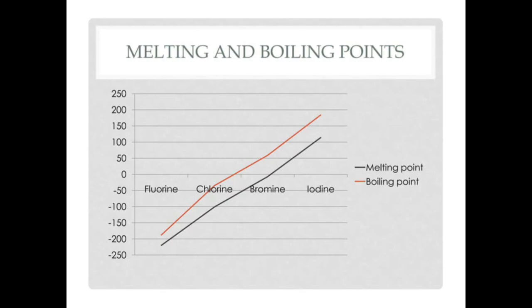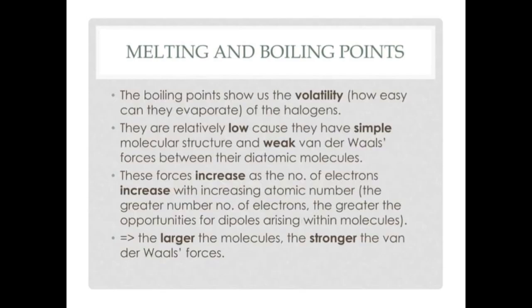A key information to know here is that the boiling point will also tell us how volatile a substance is, how quickly it is able to escape or evaporate. Since the boiling point is increasing, that means the volatility of the halogens also increases down the group. Why do we have this?